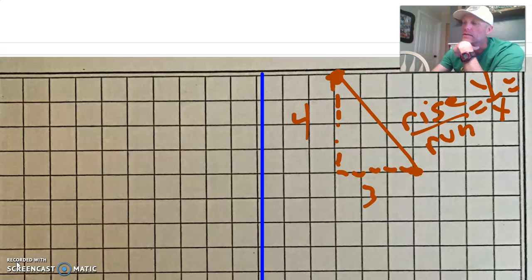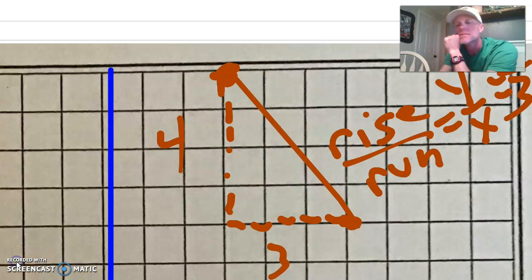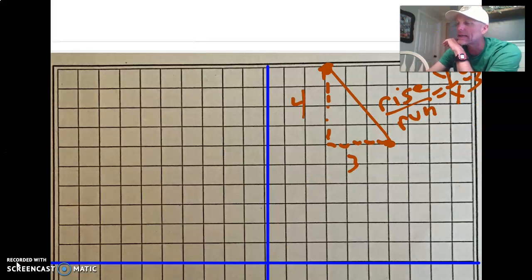So the rise is 4 and the run is 3, which is what we did last week. And it is a negative, because it is going down. So it is going to be negative 4 thirds.